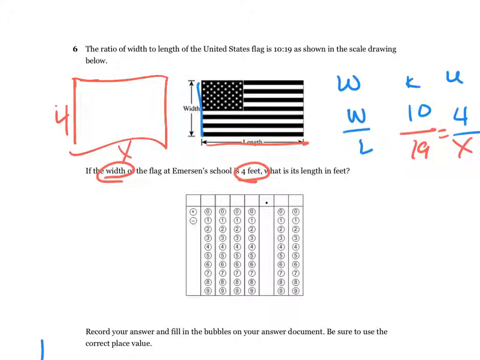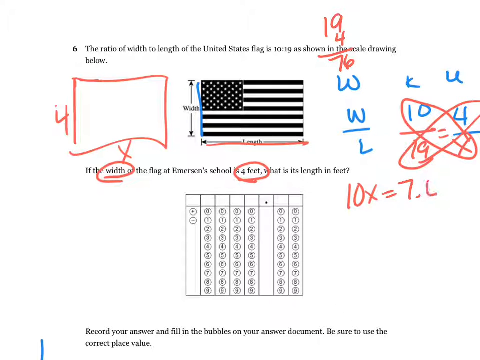Okay. So 10 times x is 10x. 19 times 4 is 76. Divide by 10. And x is going to equal 7.6. So you should have got 7.6 there.